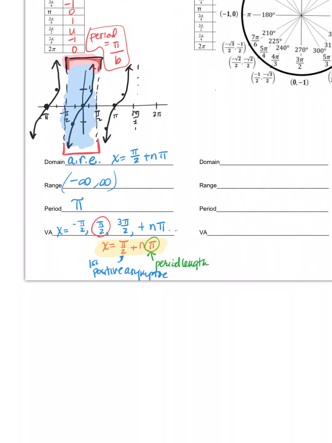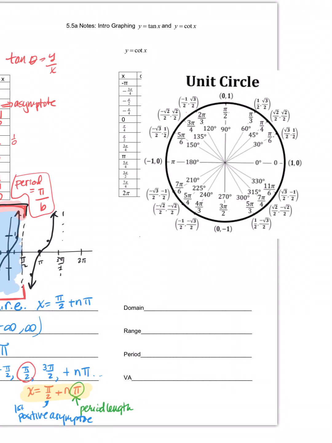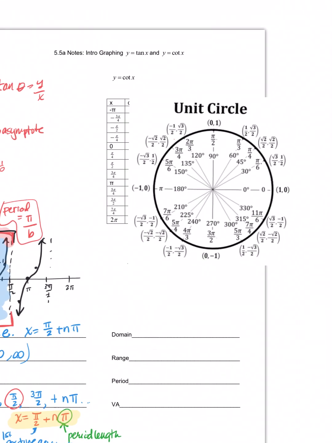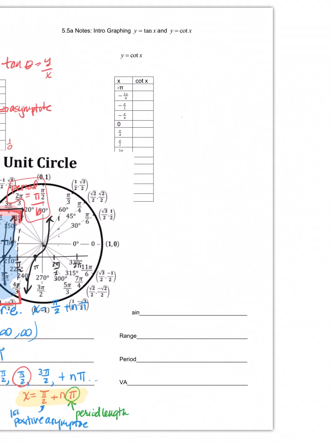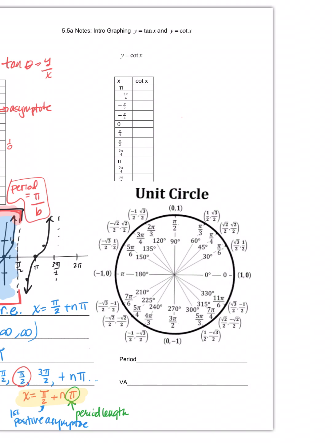All right, let's switch gears. Let's do cotangent. I'm going to scooch this down. Okay, so at negative pi, we'll stop and think. Cotangent of theta is just the reciprocal. It's x over y now. At negative pi, it would be negative 1 over 0, so that would be undefined.